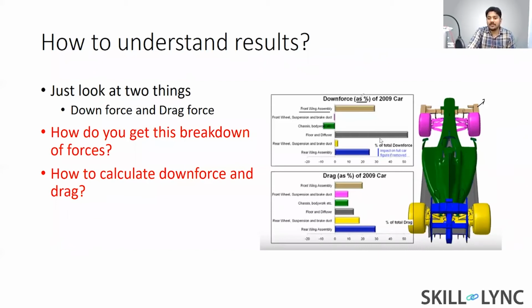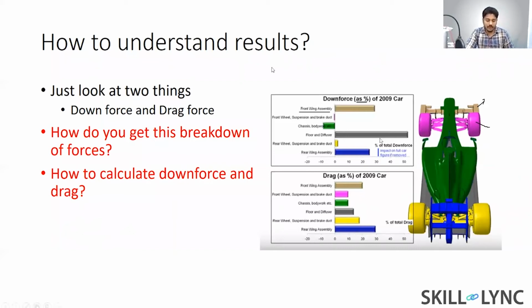This percentage is basically saying that your front wing assembly is responsible for approximately 30% of the downforce. This car is actually a 2009 Formula 1 car. I apologize for the error. And your front wheel and suspension, you can see that that is pretty much 0% downforce, because these parts are not responsible for any downforce.